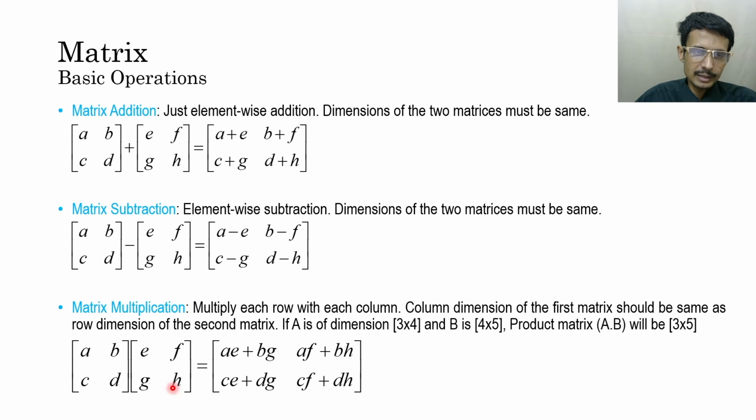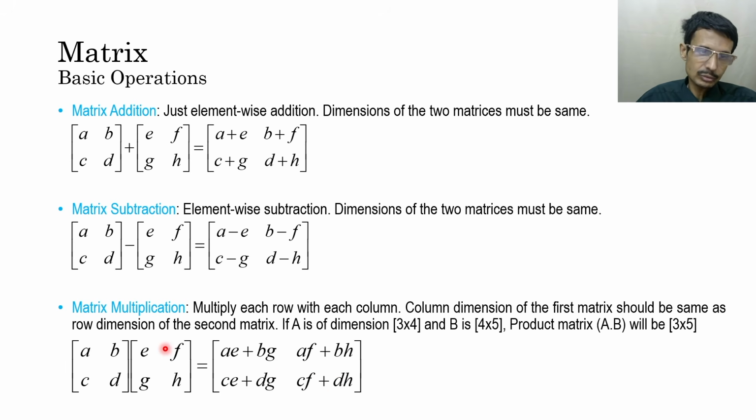And so on. Now this row with this column: C into E plus D into G. Then C and D with F and H, C into F, D into H, and so on.